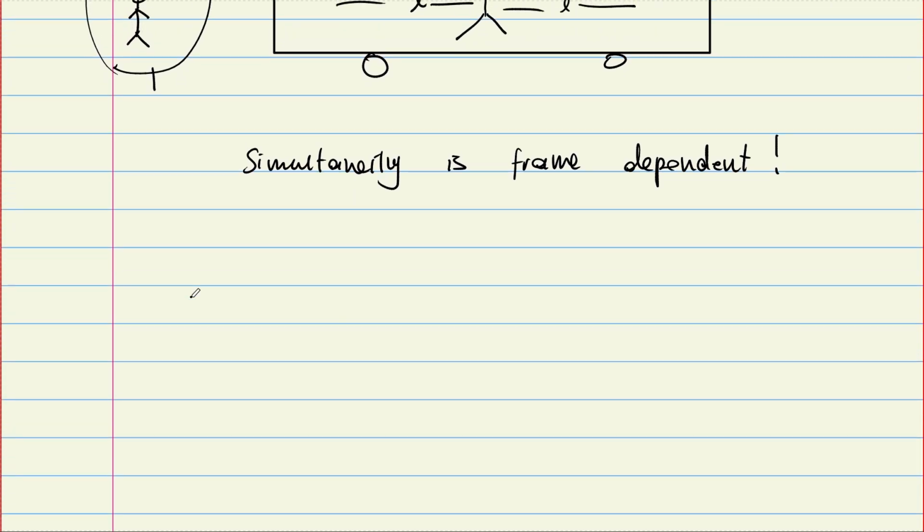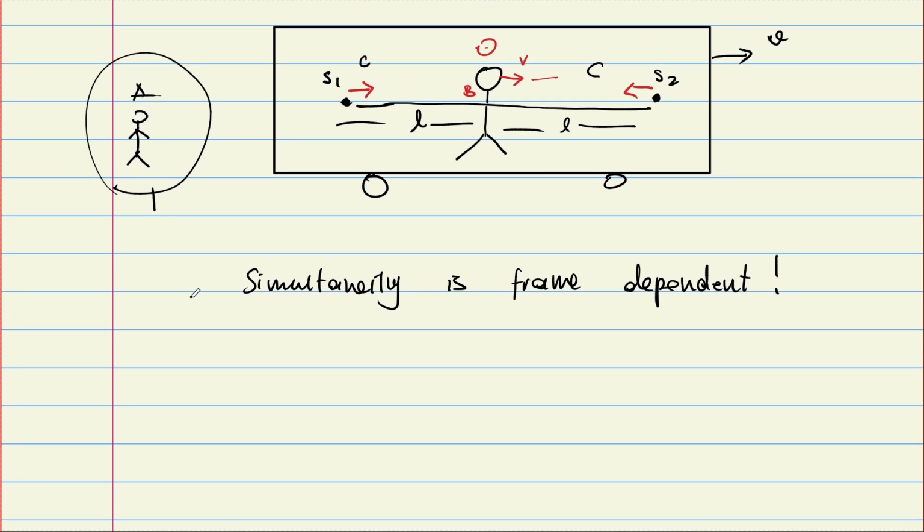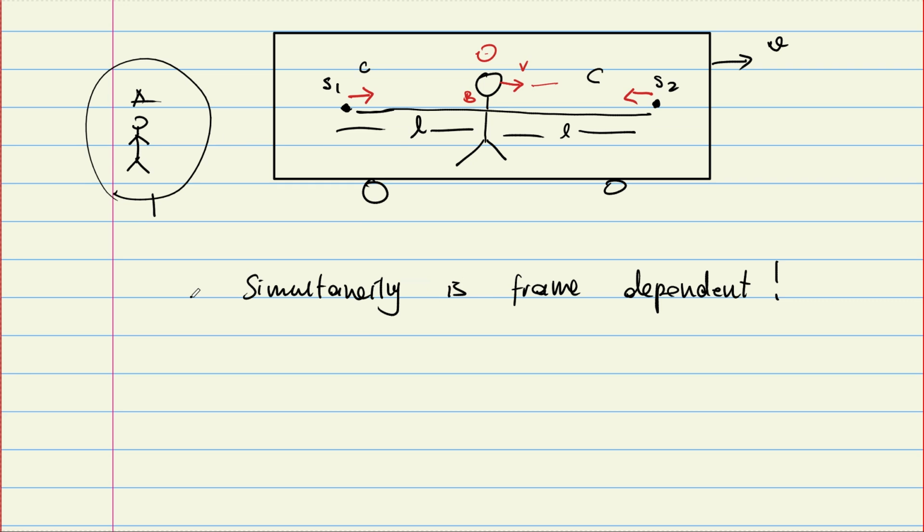I think we have, yes. You said that A sees that B receives S1 later. How is that possible? Or did I understand you wrong? Now, if they happen at different times, right? If S1 is out first, it is created and it's already on the way.